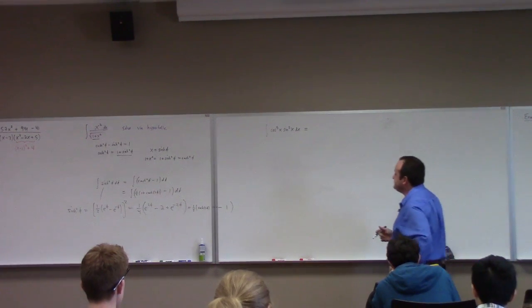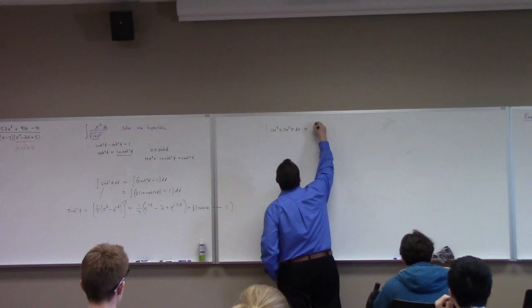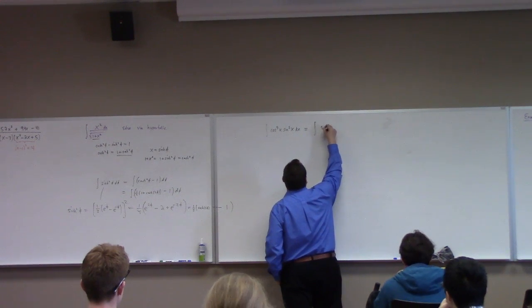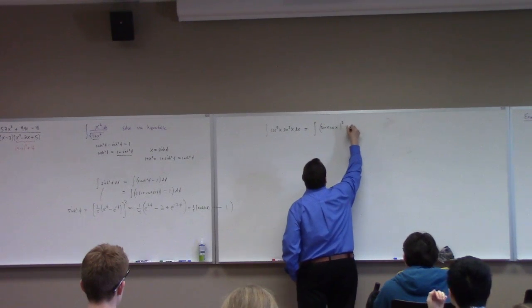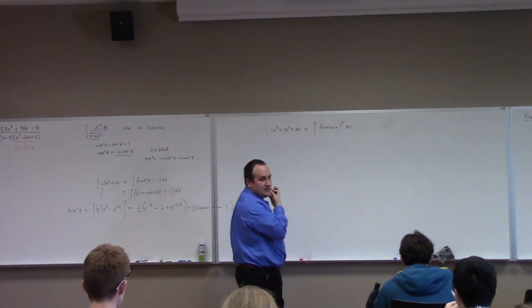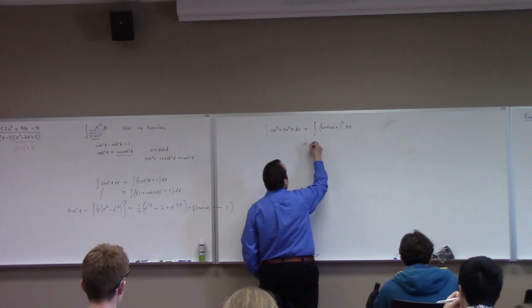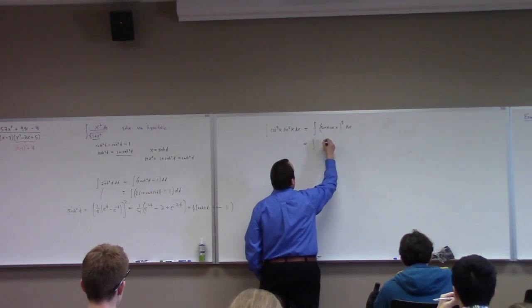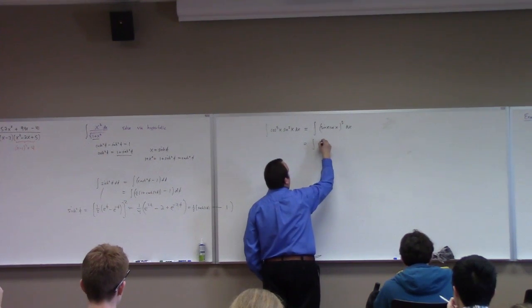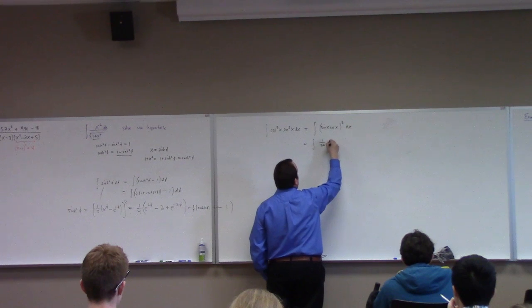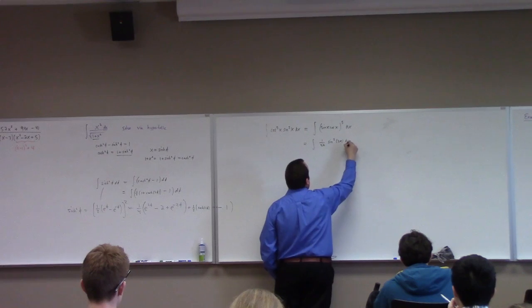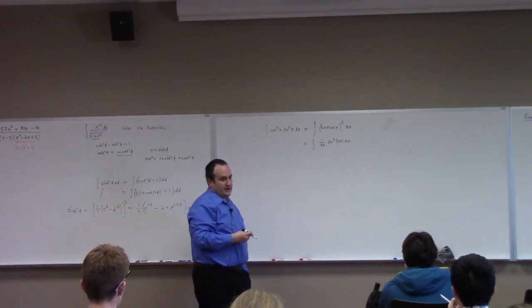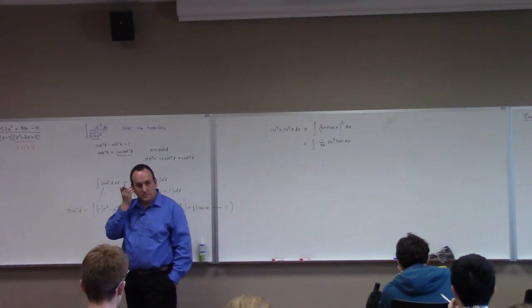So what I do, this is nothing more than the integral of sine x cosine x to the fifth power dx, which is the integral of, let's see, sine x cosine x is what? It's 1/2 sine 2x. So that's 1/32 sine to the fifth of 2x dx. Then I've got the integral of sine to the fifth, which I can do.